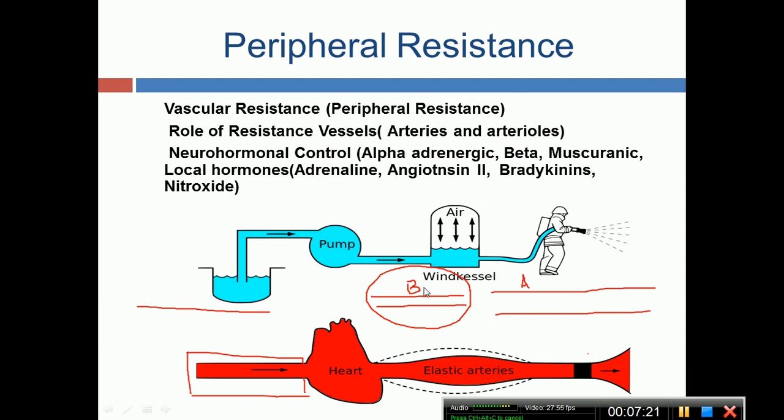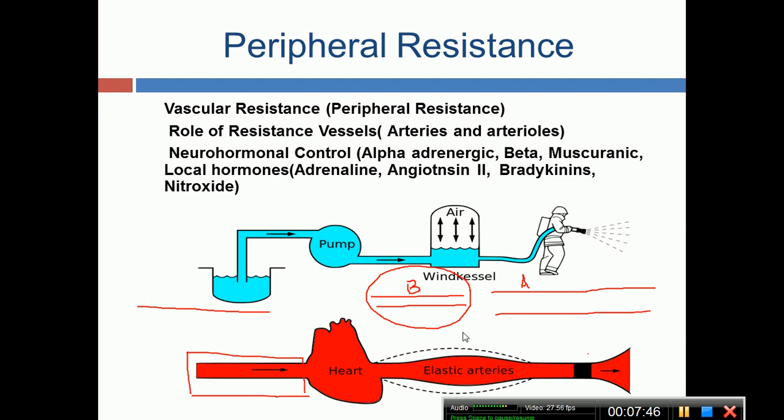So there are two vessels, A and B. This is constricted, this is dilated. Vessel A has more potential to carry blood because its lumen is widened, while vessel B will carry less blood because of its constricted lumen.